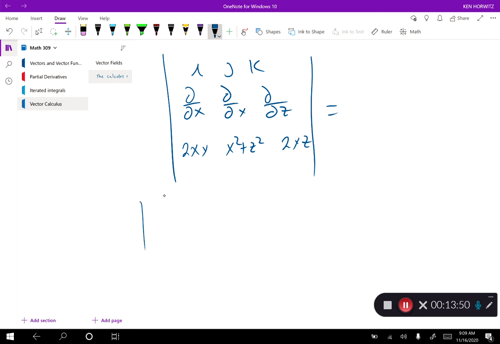So I'm going to cover up the i column, the first row, first column.